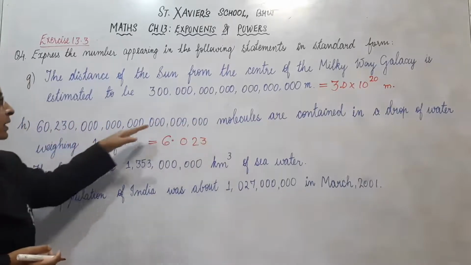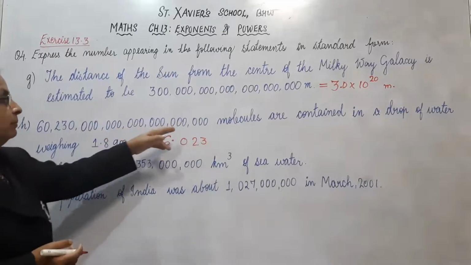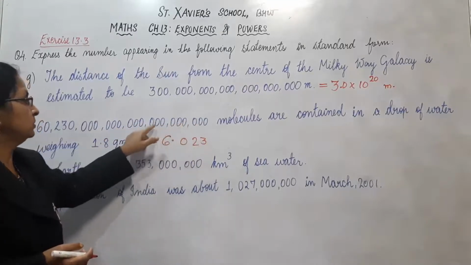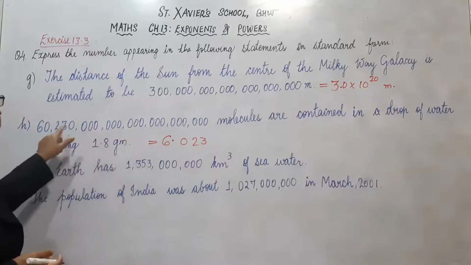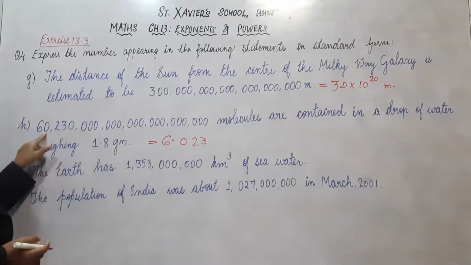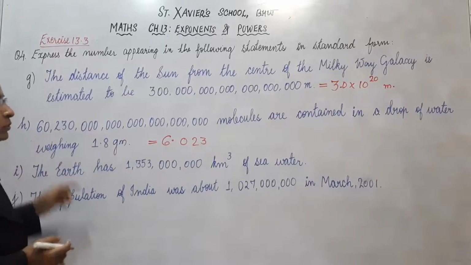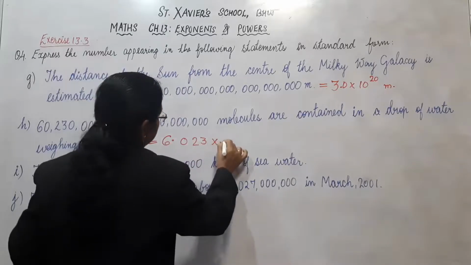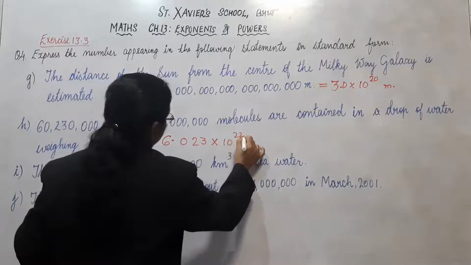We can count how many sets of zeros are there. 1, 2, 3, 4, 5, 6, 7. 7 threes are 21 plus 1, 22. So we will write it as 10 raised to 22.